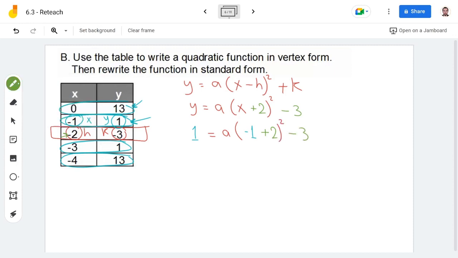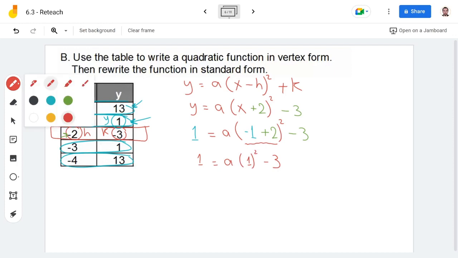As we can see here, we substitute negative 1 and 1, 2 and negative 3. Now we need to find a. To find a, we need to simplify. First start with the bracket. So now write 1 equals a, negative 1 plus 2 equals 1, to the power of 2, minus 3. Now just solve this normal equation.